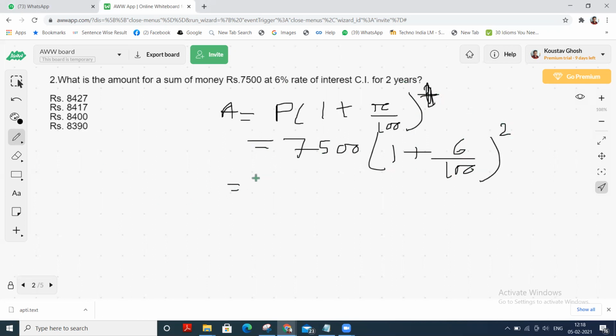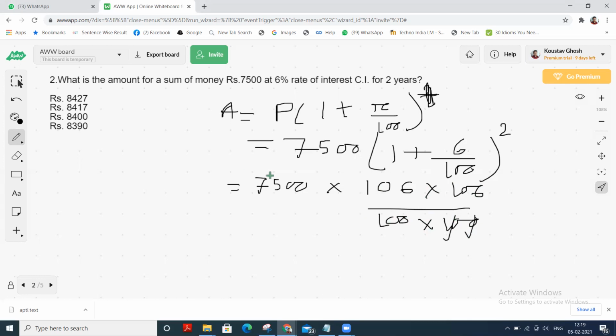Now 7,500 times (100 plus 6 is 106) to the power of 2, that is 106 into 106 by 100 into 100. Cancel out the zeros. 25 fours are 100, 25 threes are 75.